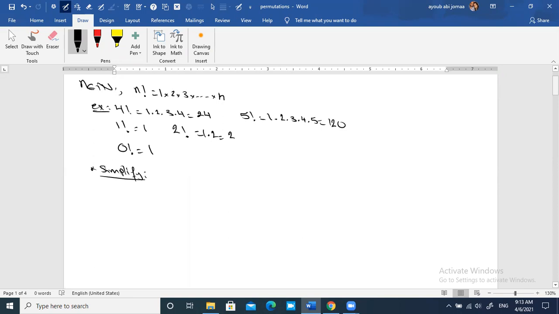By the way, factorial on the calculator: for example, if you have to write 5 factorial, first step, here is the calculator, here you have the screen. Press the key 5, and then of course you'll get 5 on the screen. Then press shift, then the key x to the power of minus 1, which is under the mode key.